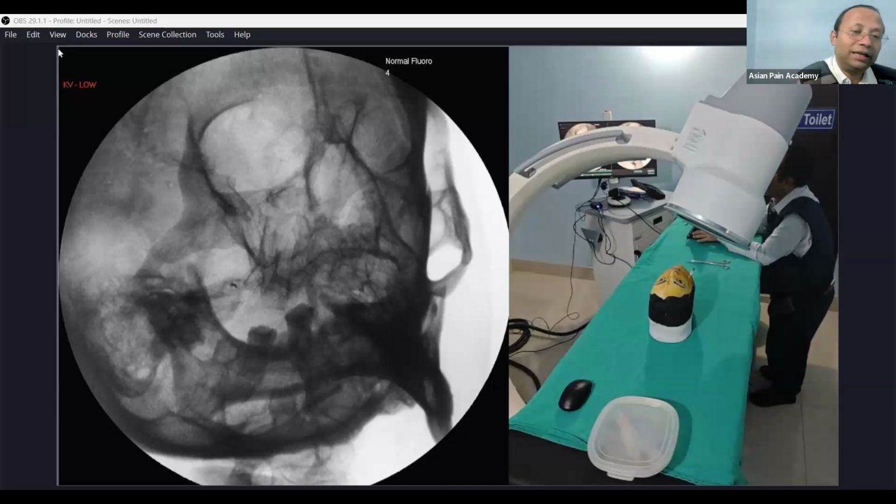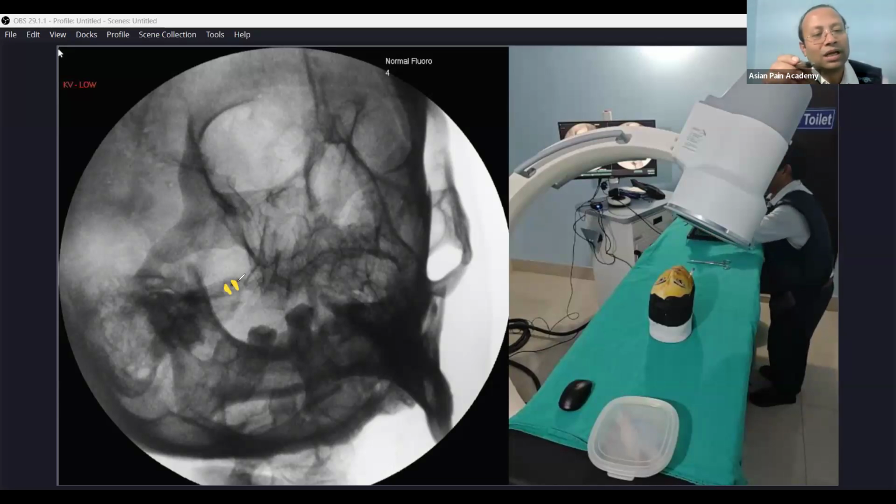If my needle reaches this side, then I am targeting V3. If I am in the middle, as I have placed the needle here, I am at present stimulating V2. So if it matches the patient's painful area, then we will go forward to the lesioning.